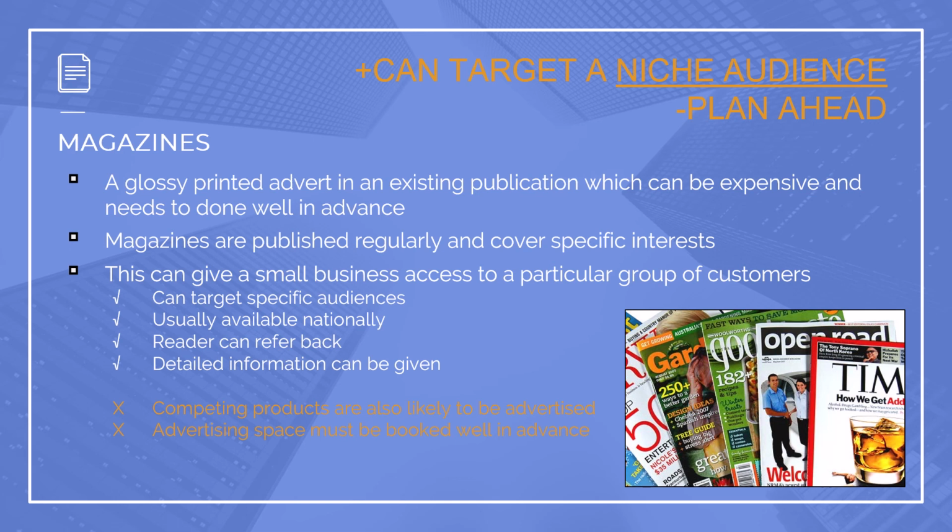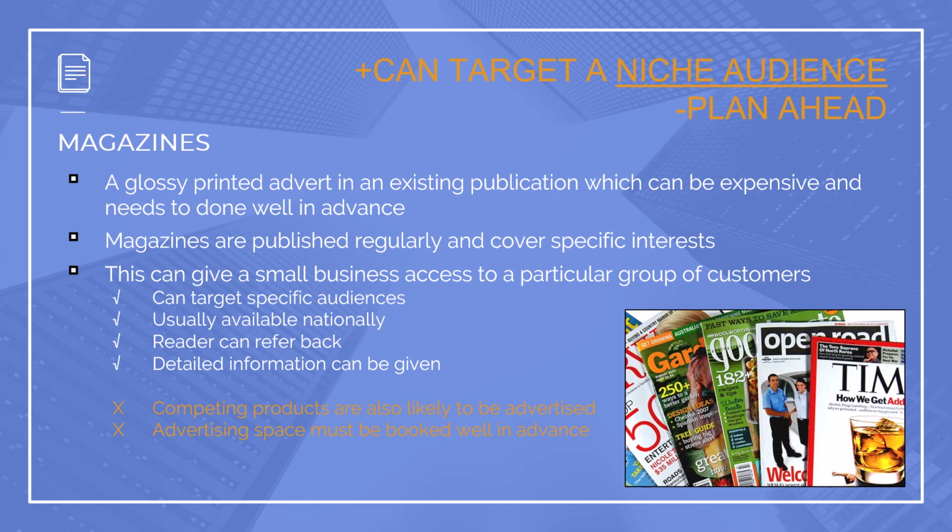But a niche audience is a targeted audience, a very, very specific one. So examples of this are a gardening magazine, a fishing magazine, a car magazine, a finance magazine, where it's focusing on a particular set of interests.